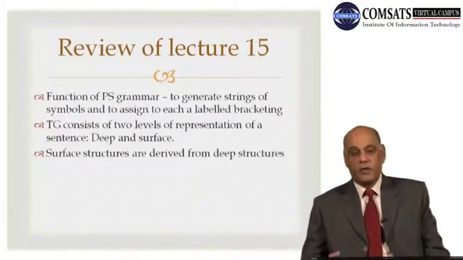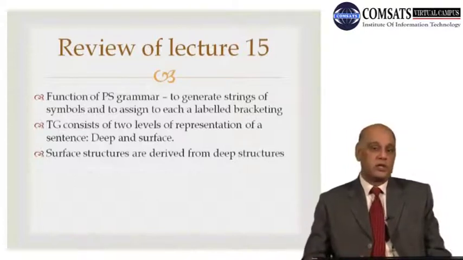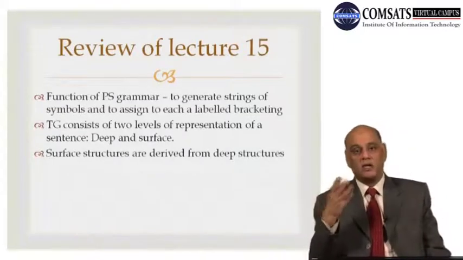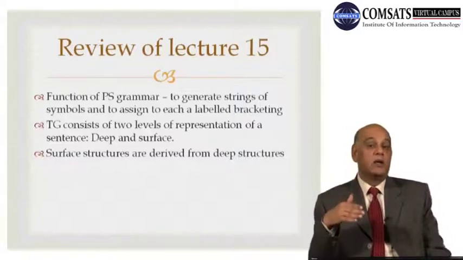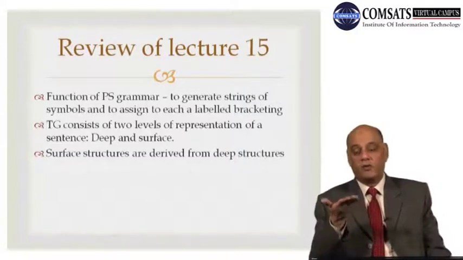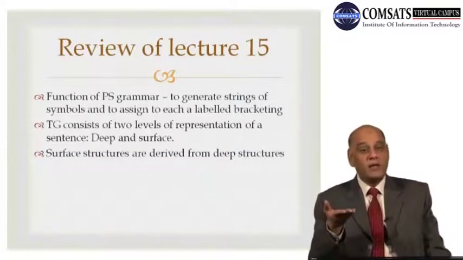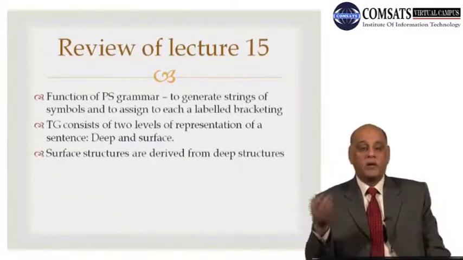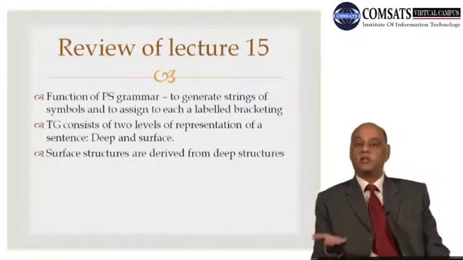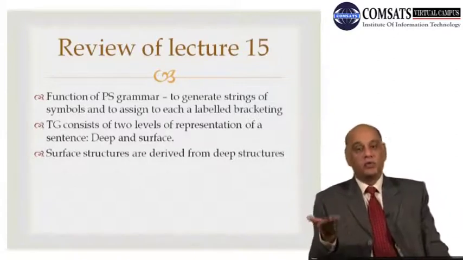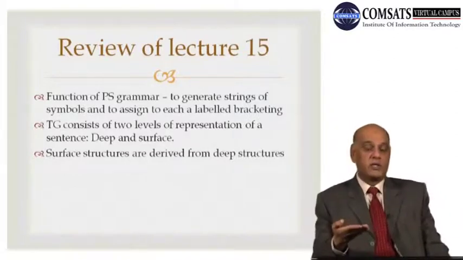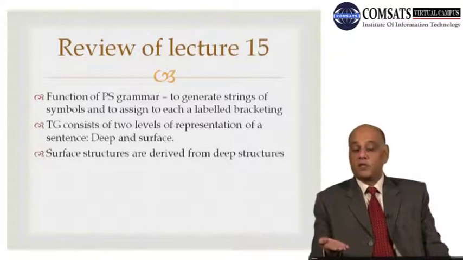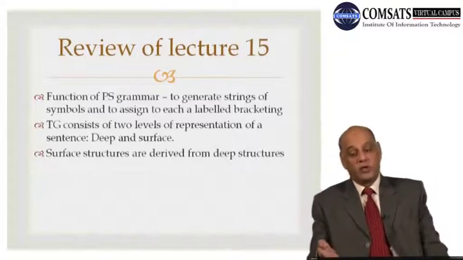You can hear that sentence, you can see the speech organs moving when that sentence is uttered. So that is the physical shape of a sentence, and that is the surface structure. It operates at two levels: the deep structures giving rise to the surface structures, and the surface structures are derived from the deep structures.